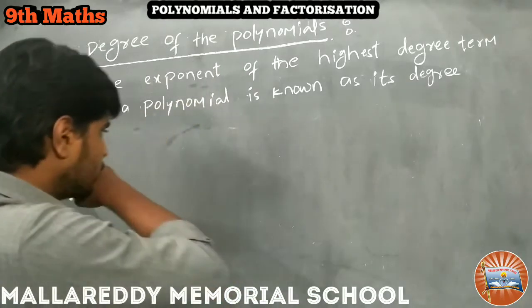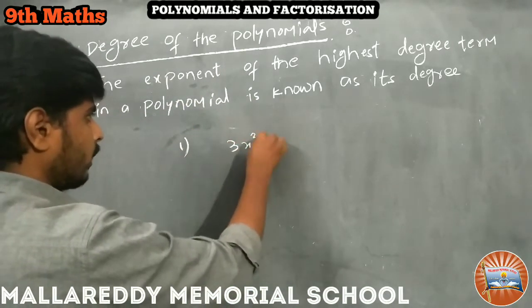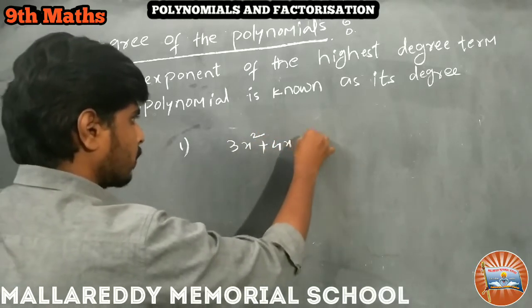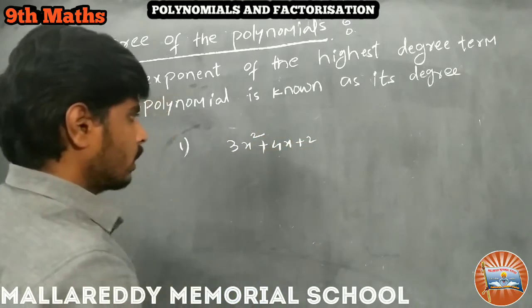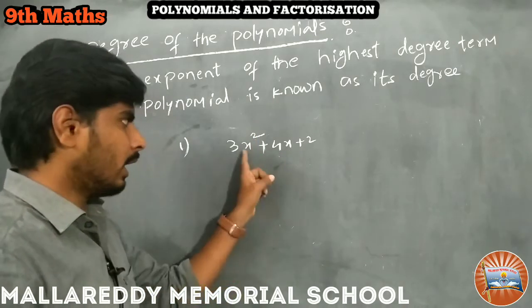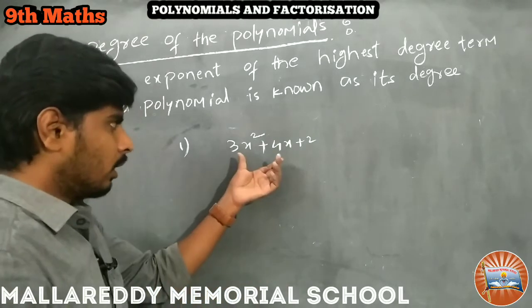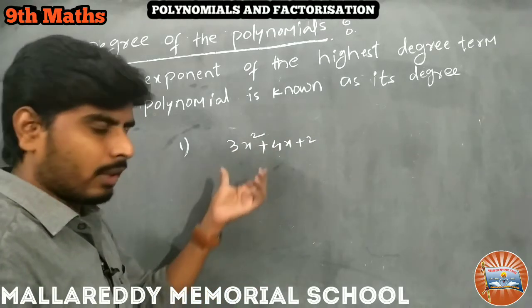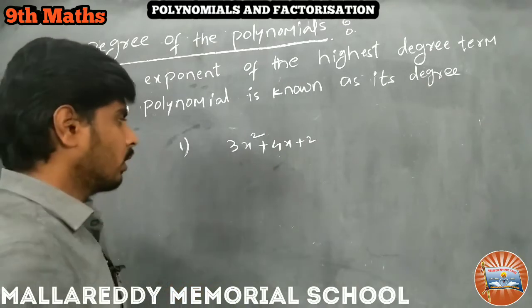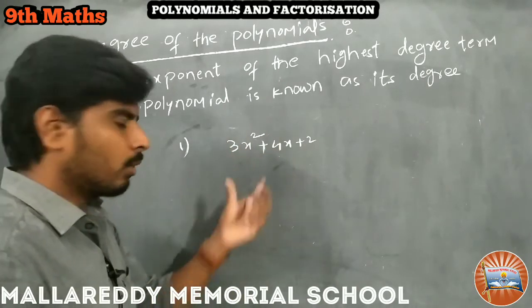Look at example 1: 3x square plus 4x plus 2. How many variables are involved here? Only one variable, that is x. Only the variable x is present here. So what is the highest power, meaning the highest exponent of the given variable?